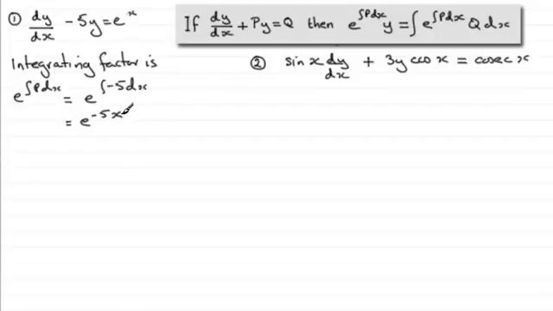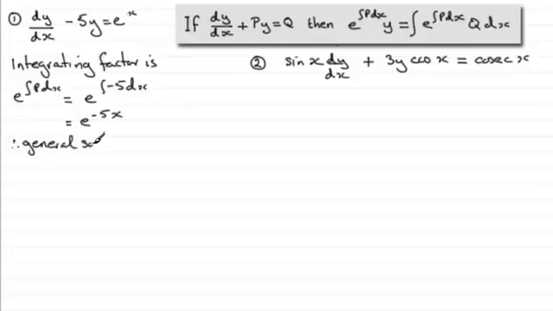Now that means that the general solution, this one up here, if we just put in our values, we've got e to the integral p dx, so let's just write down the general solution first.